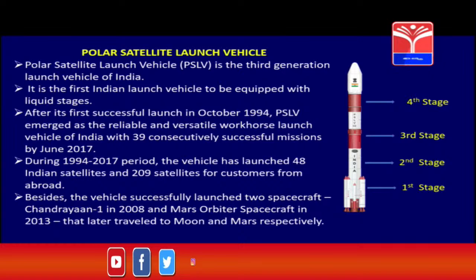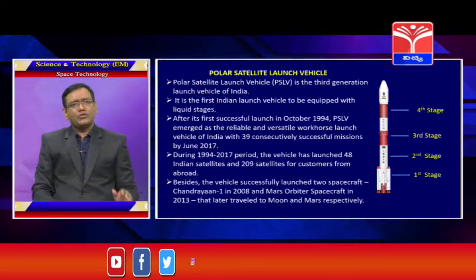Before that there were two more launch vehicles, but this is the third generation, which is why we call it that. It is the first Indian launch vehicle to be equipped with liquid stages. Liquid stages means the engine uses liquid fuel.